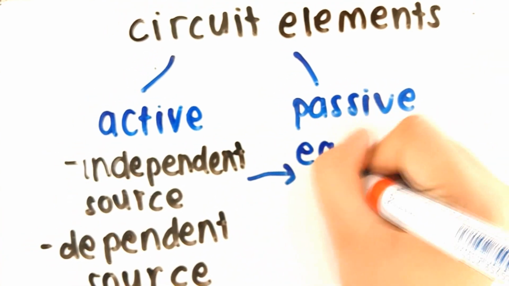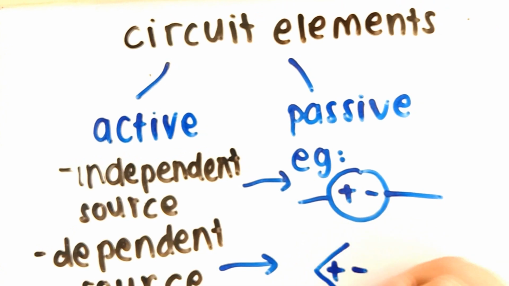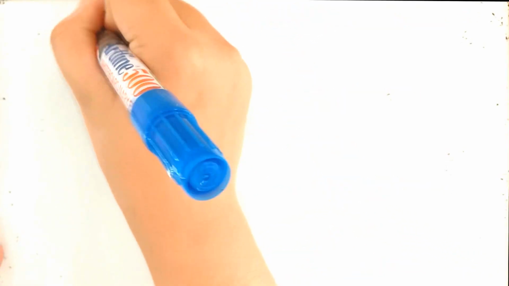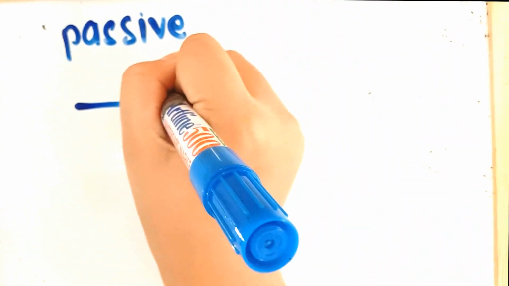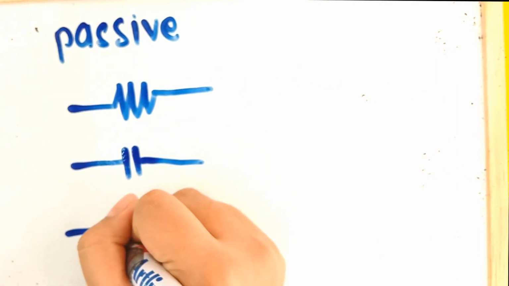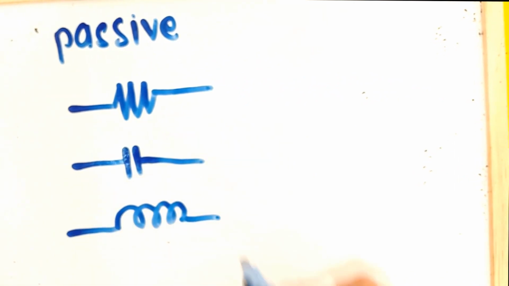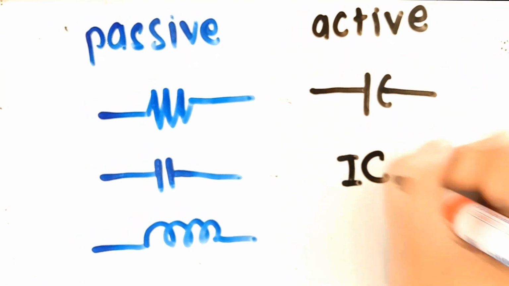So this is an independent source, while this is a dependent source. Some examples of passive components are resistor, capacitor, and inductor, while the active components are transistor and integrated circuit.